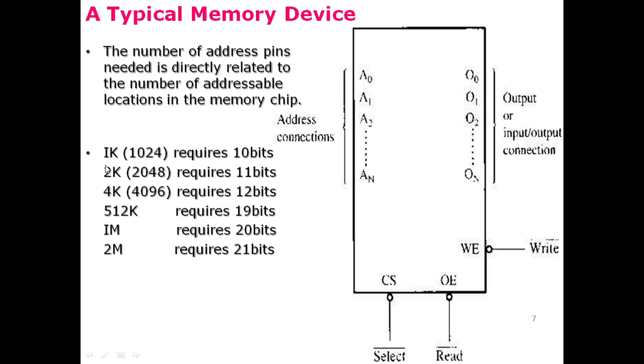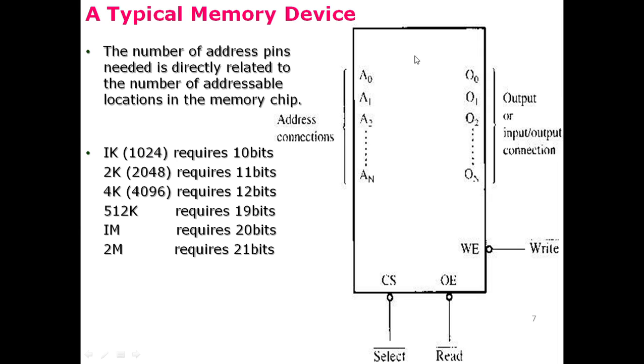So for example, if the memory chip has 1 kilo locations, and that 1 kilo location in binary means 1024 in decimal, 2 raised to power 10 in the binary system is equivalent to 1024. So for 1 kilo addressable locations, we need 10 bits of address so that each location is uniquely addressed.